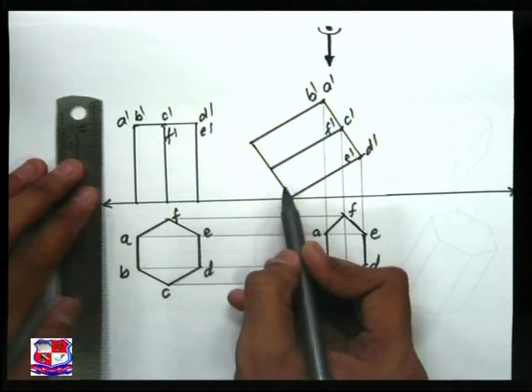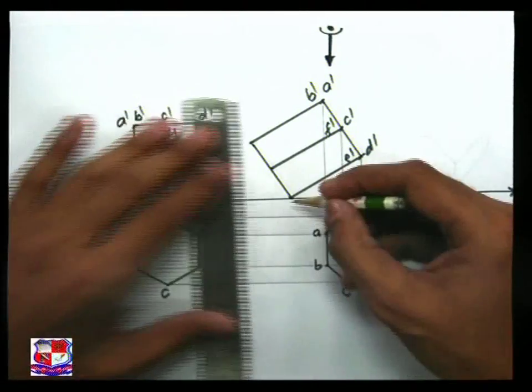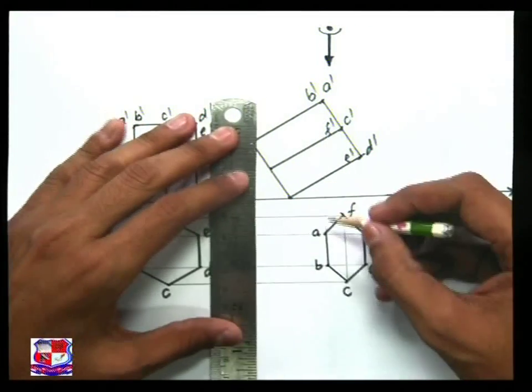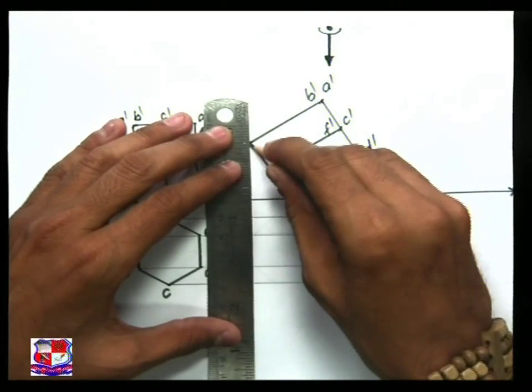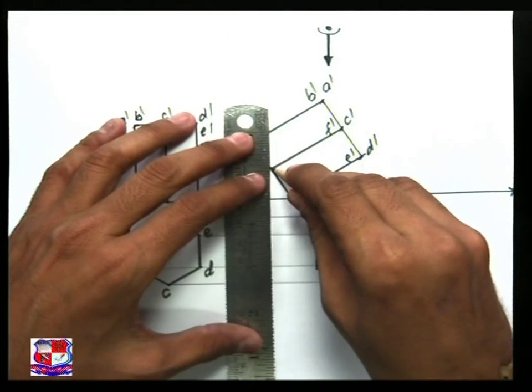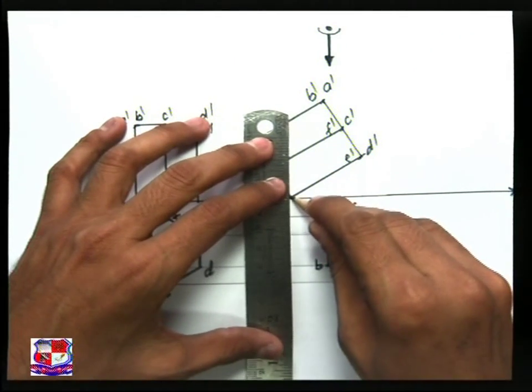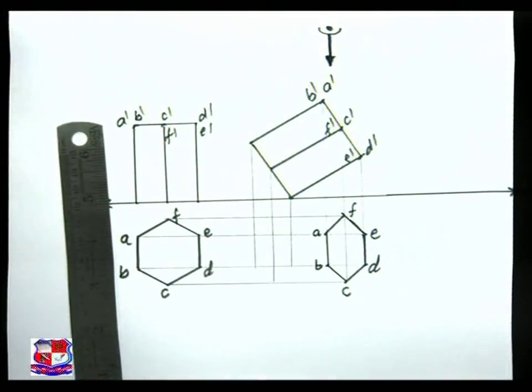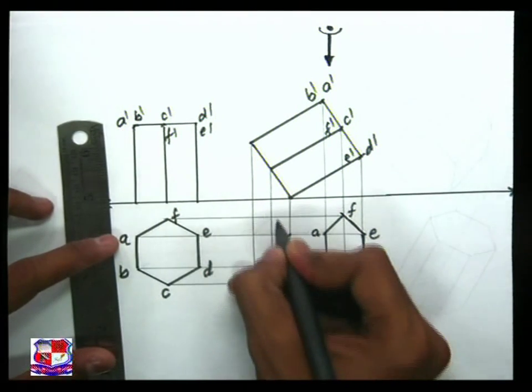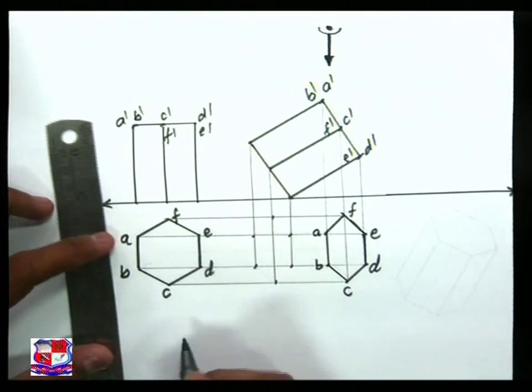Now similarly for this bottom face also, take projections from all these points. You can name 1, 2, 3 as well. 1 2 3 4 5 6 and so on, and identify these points 1 2 3 4 5 and 6.